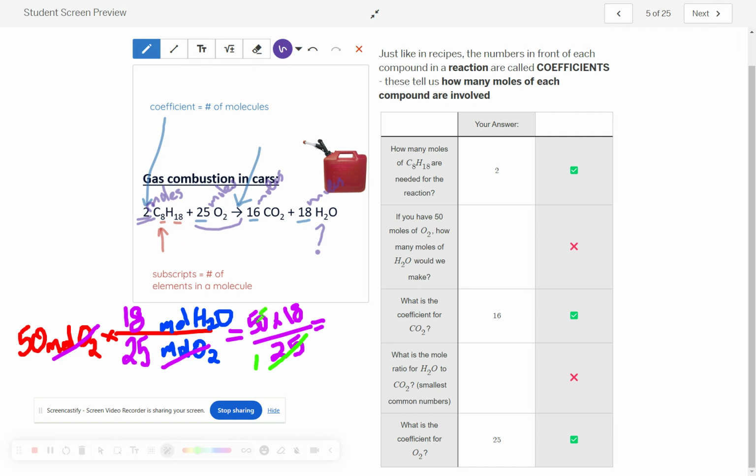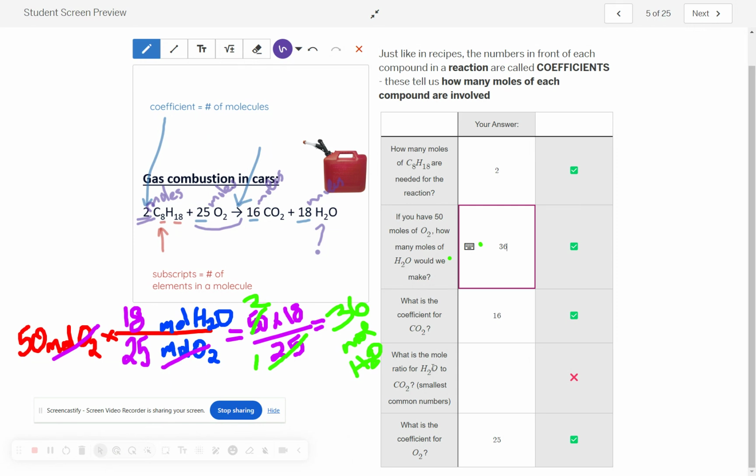So it becomes 1 and that becomes 2. So 2 times 18 is 36. So that means we would make 36 moles of H2O. So we're going to put 36 here.